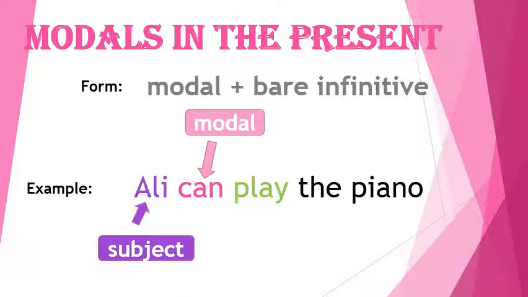Ali is the subject, can is our modal, followed by a bare infinitive, because modals are always followed by a bare infinitive, whatever the case is. The whole sentence expresses ability. That is to say, Ali is able to play the piano.